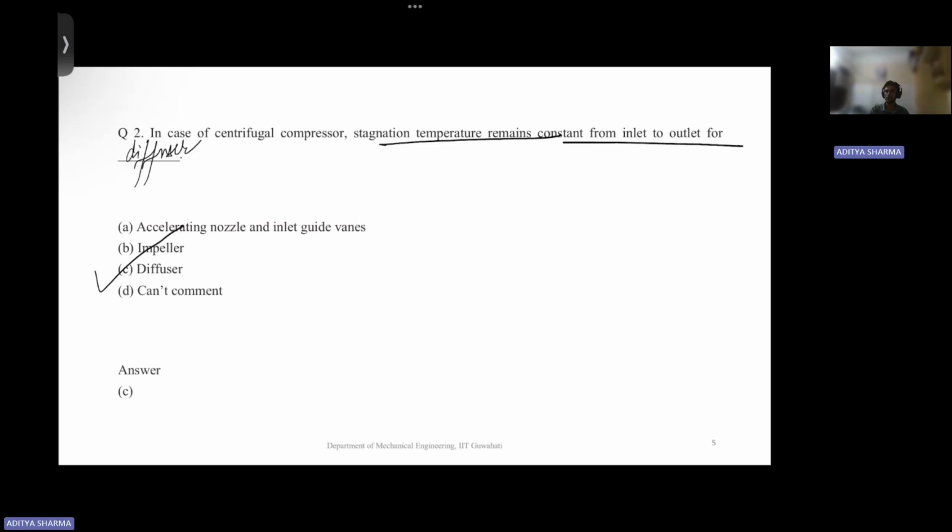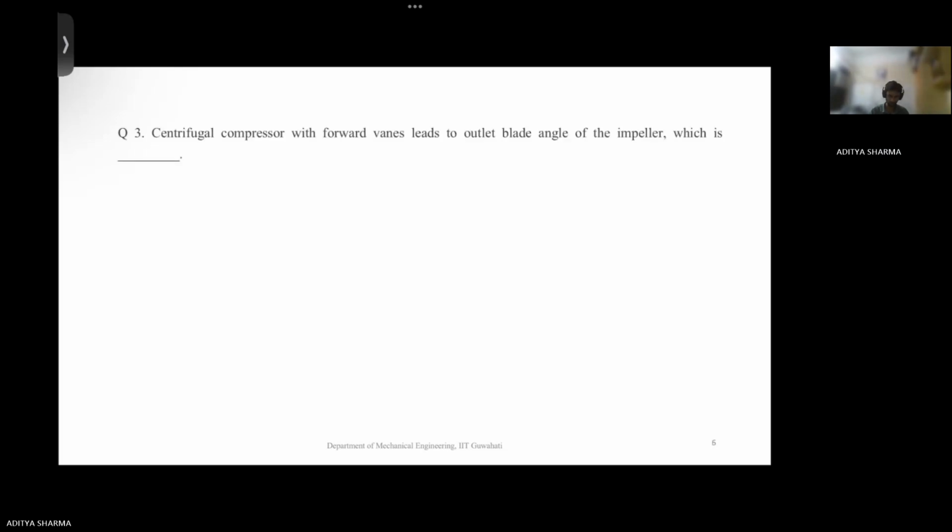Then moving on to the next question. Question 3 talks about your centrifugal compressor with forward vanes.